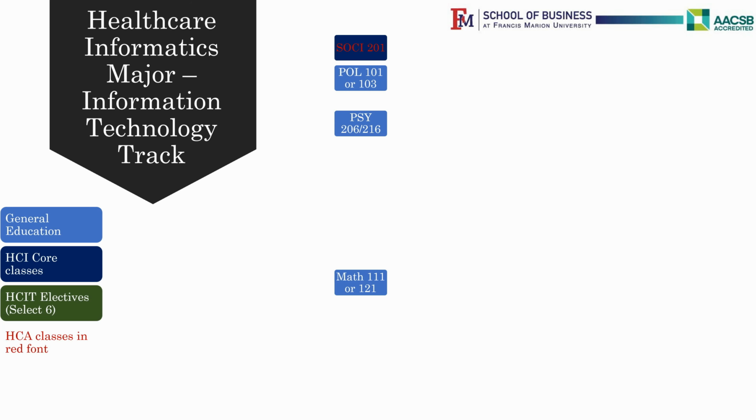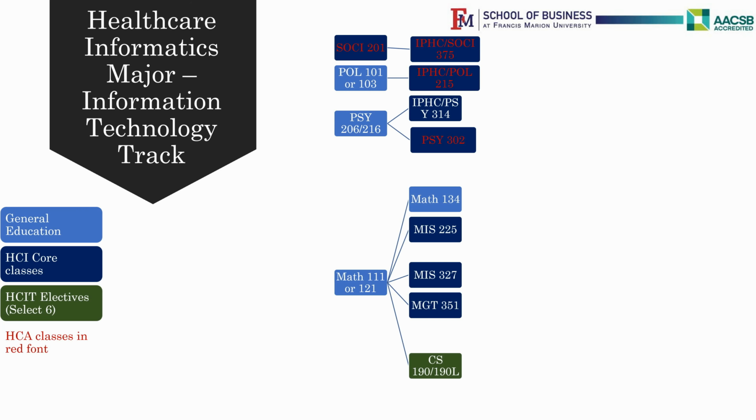In this slide, we will discuss only the HCIT electives. Computer Science 190 and the 190 Lab, or Introduction to Programming, will be your first introduction to programming. This and MIS 225, Modern Programming, will be good classes to use to decide whether you want to be in the HCI IT track or would prefer the HCI IM track.